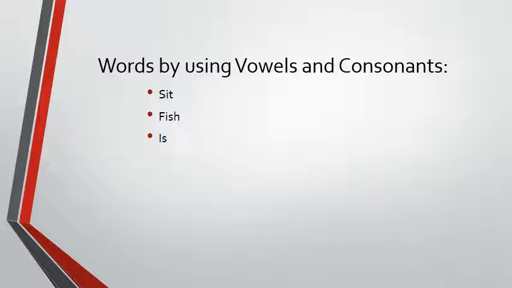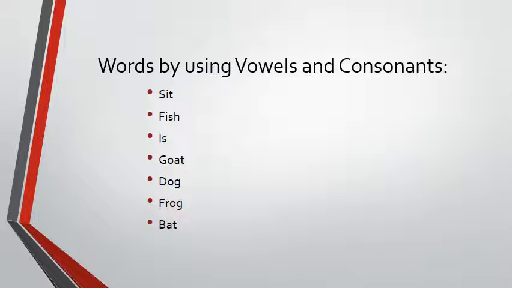FISH, fish. Fourth one GOAT. Here I am going to take 2 vowels and 2 consonants and I made the word GOAT, goat. The next word is DOG, dog.